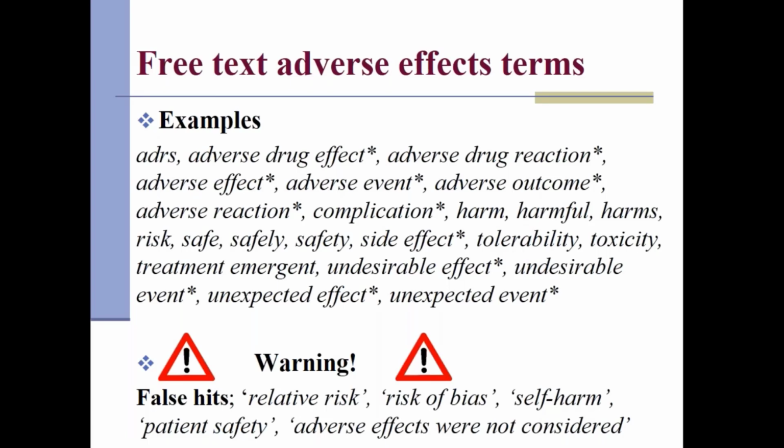With the term harm, you get lots of papers about self-harm, and there's also lots of patient safety literature, which you'll retrieve with the term safety. And for some reason, there are a lot of abstracts that say something like adverse effects were not considered, which obviously you will find with the term adverse effects.